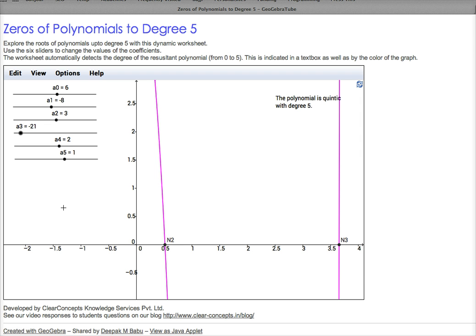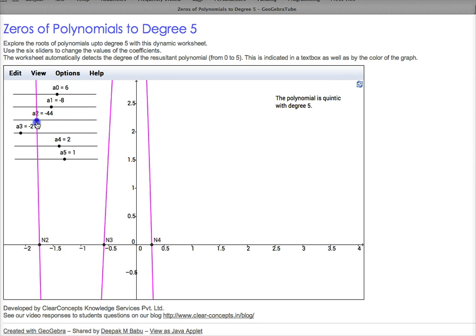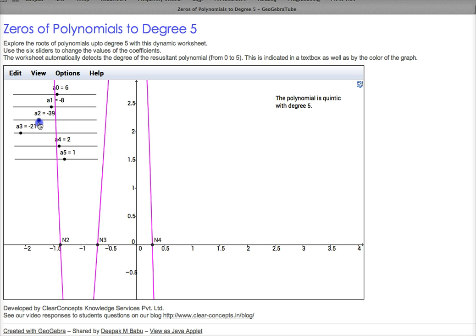It's minus 38x squared, correct? So that means that a2 has a value of minus 38. All right, here we go. I set it to, there we are.